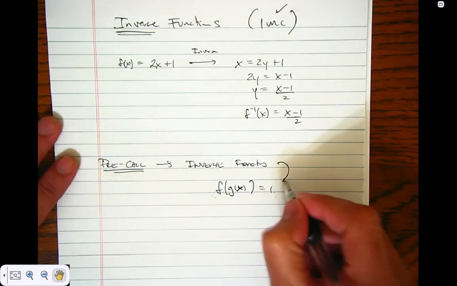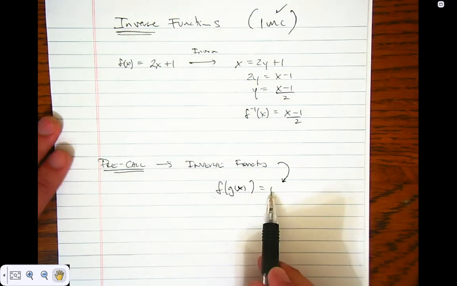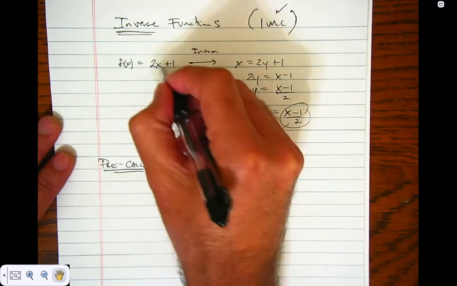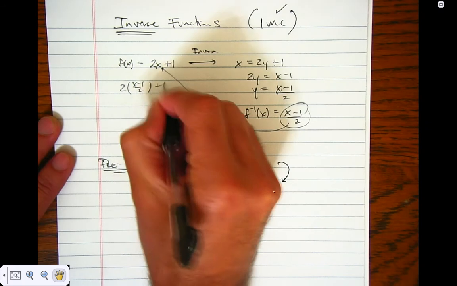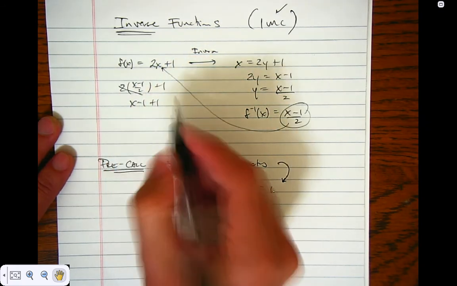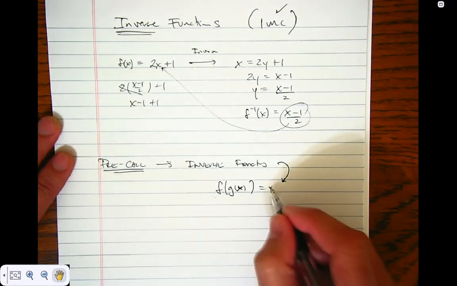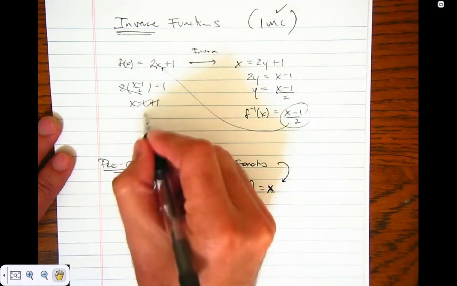So in pre-calculus, if you plug one function into the other and you get x, then they are inverses, right? For instance, if I took this and I plugged it up here, and I said 2 times x minus 1 over 2, plus 1. Well, my 2's would cancel, and x minus 1 plus 1 goes away. I'm sorry, did I say 1? That should be x. Sorry about that. And then the 1's go away, and you get x.